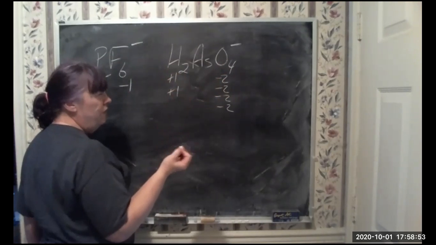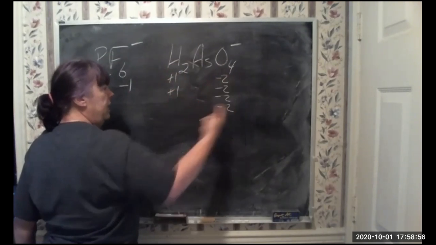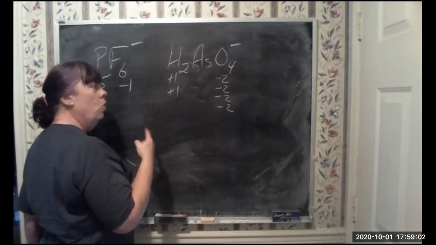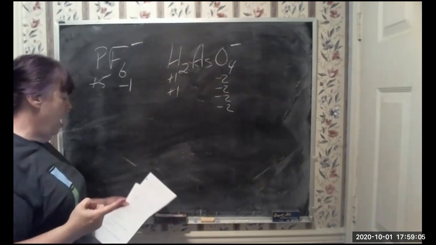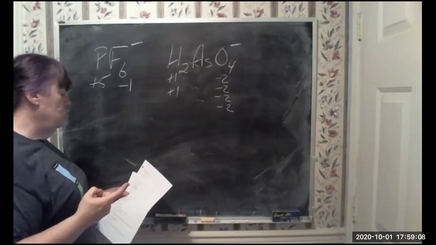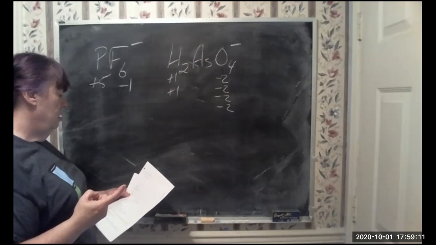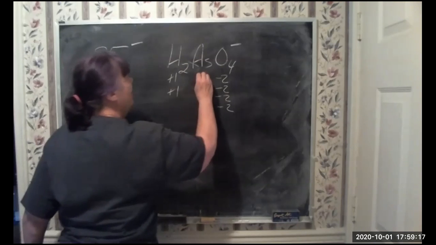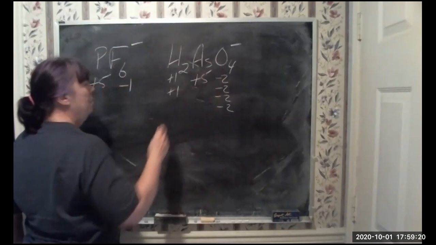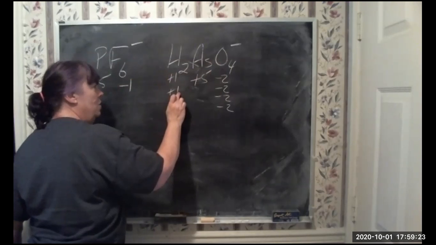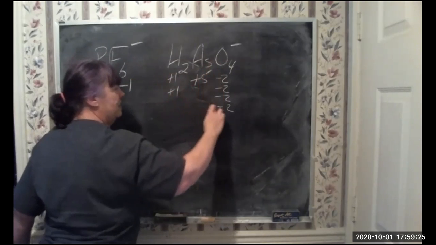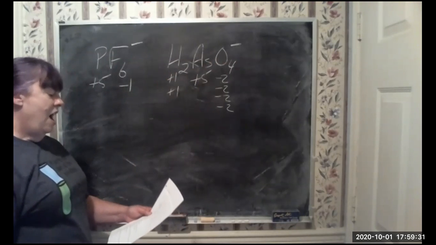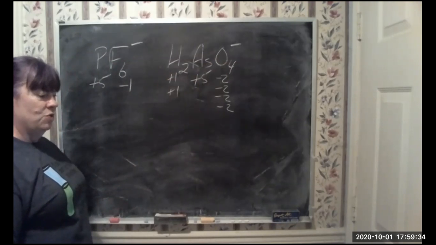That means I need to kind of figure out what's left over. 8 negatives, 2 positives already cancel some of it out, but in order to make this turn out the way I want it to, this means that I need to make my arsenic... Actually, I just realized I have a glitch in my notes. It's supposed to be +5. Because we have to have 7 positives, so 1, 2, and 5 makes 7. And 8 negatives, so you have 1 negative left over. And yeah, actually, in looking at my notes, I have arsenic labeled as a +7, which is wrong. It's actually supposed to be +5.